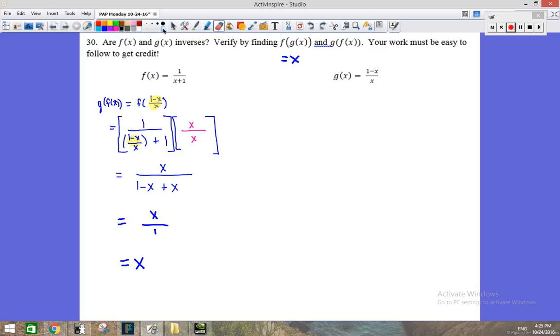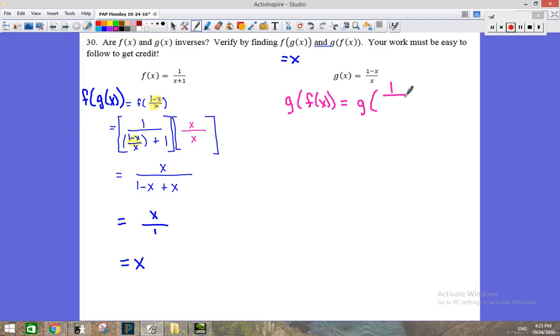This guy, I apologize, was not g composed with f, but f composed with g, right? F composed with g, because it was g of x that was 1 minus x over x. So over here, I need to take the function f and plug it into g. Sorry about that.